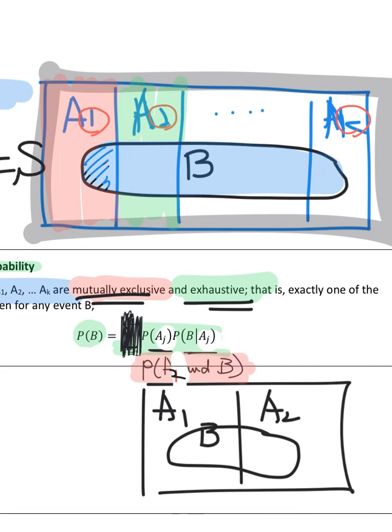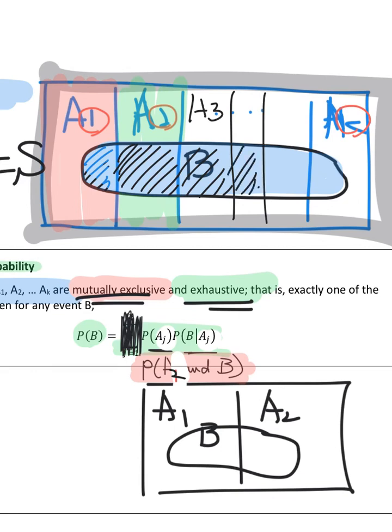In the middle. A2 and B. If we take A3 here, and B, where is it? In the middle again. A4 and B, in the middle. Any other A's and B, always in the middle.